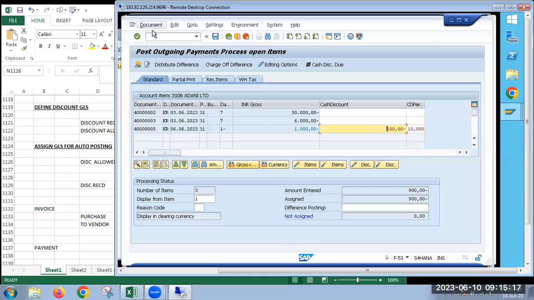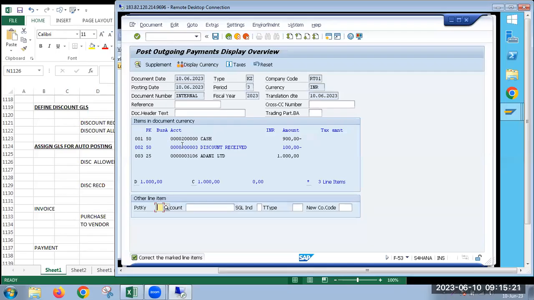Okay. If we simulate, we can see the system will identify the GL account for posting and the amount also, based on the rate and the due period we are in.